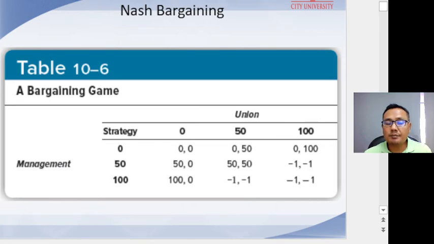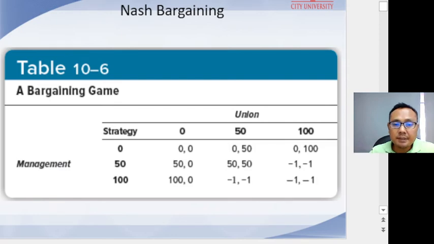If the sum of the amounts each party asks for does not exceed 100, the players get the specified amount. But if the sum of the amounts requested exceeds $100, bargaining ends in a stalemate. Let's suppose that the delay caused by this stalemate costs both the union and management $1.